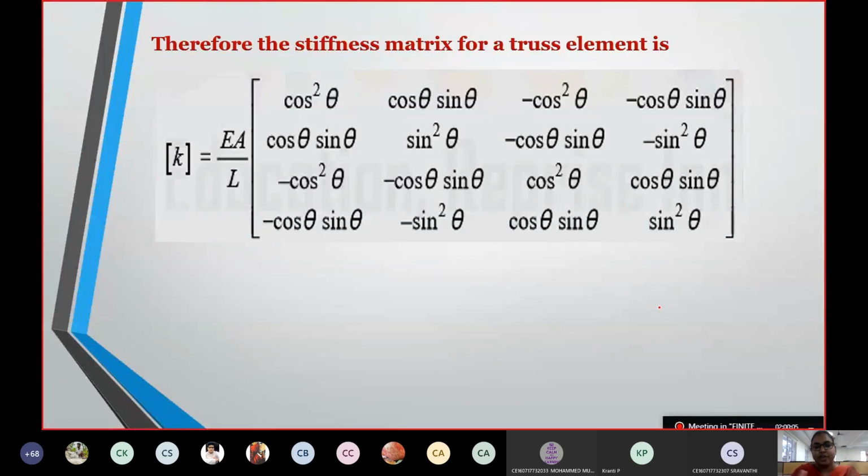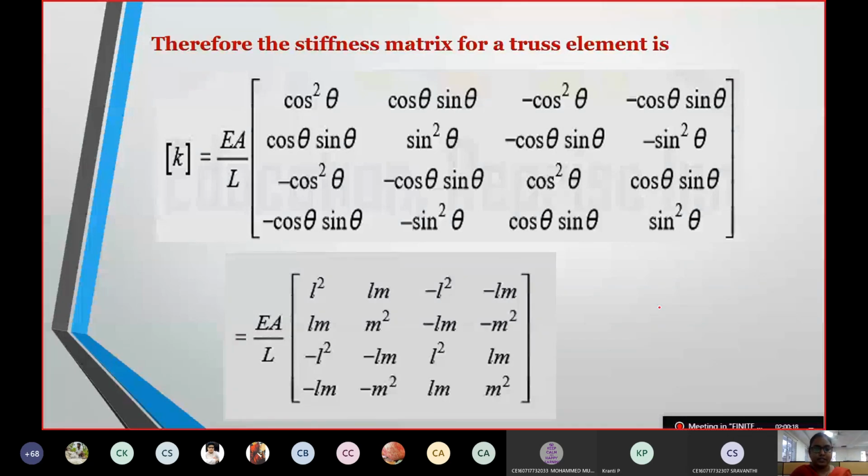All right. Now we have a huge matrix that is shown in the picture here. If at all you have to remember it easily, there is a reduced form of it. All right. Here it is. AE by L into L square, LM, minus L square, minus LM. This is another form to write down the stiffness matrix for a truss element.